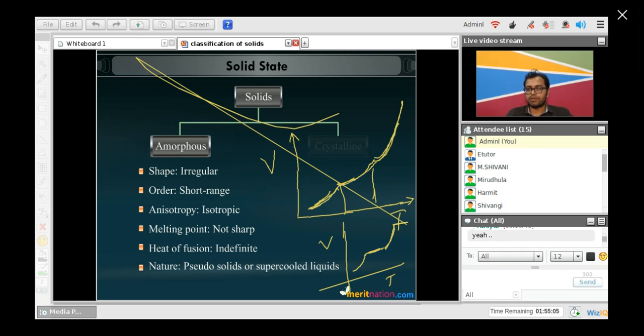Then at the melting point, the solid will start converting to liquid state, right? But when the solid converts into the liquid state, at that temperature the volume of the solid remains constant, right? So the volume remains constant, the temperature remains constant.